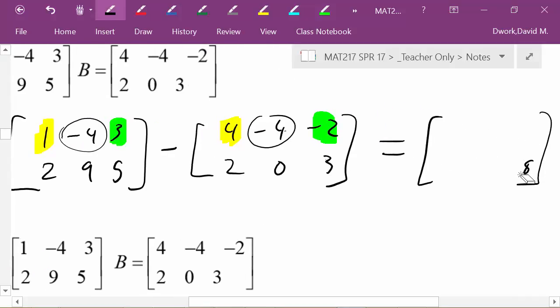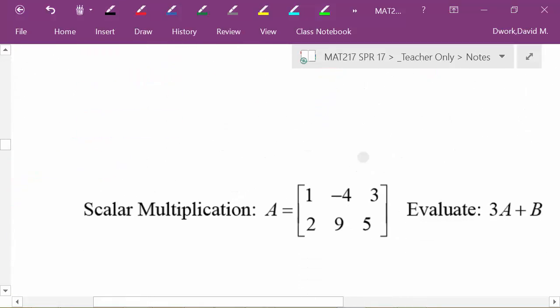Okay, so now when I am subtracting matrices, it's the same process. 1 minus 4 is -3. That's it. So -4 minus a -4 makes 0. 3 minus a -2 is 5, so on and so forth. 2 minus 2 is 0, 9 minus 0 is 9, and 5 minus 3 is 2. That's all there is to adding and subtracting. I hope that makes sense.